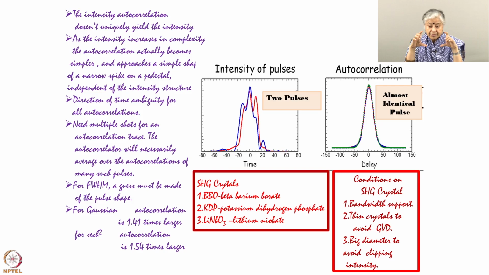By big I mean big in diameter, to avoid clipping. Basically, there has to be a spatial overlap, as you have seen before. So, suppose it is a circular crystal, it is big, but it is thin.